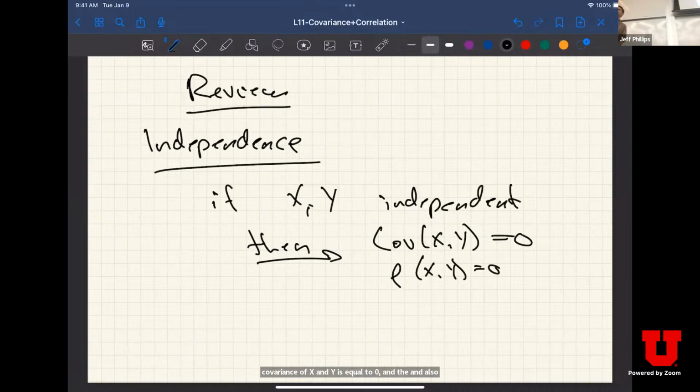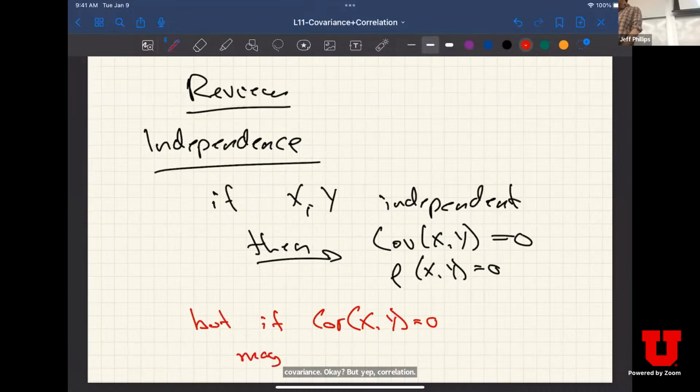Because the numerator is the covariance. Okay, but if the correlation of x and y equals 0, maybe not independent.